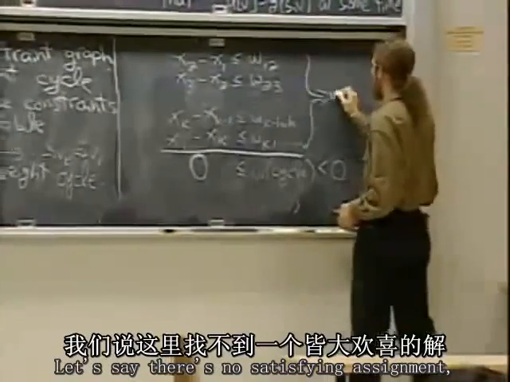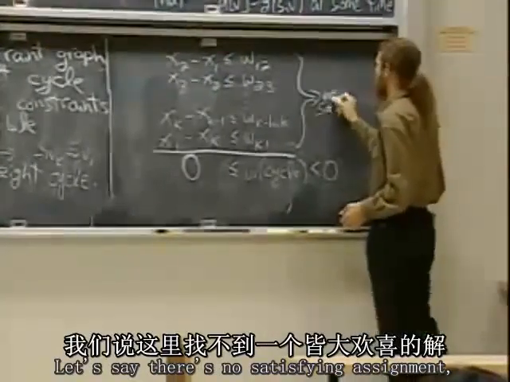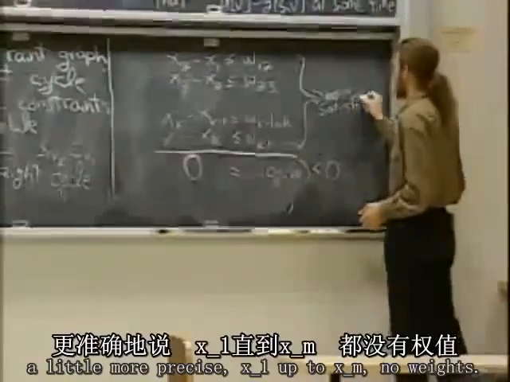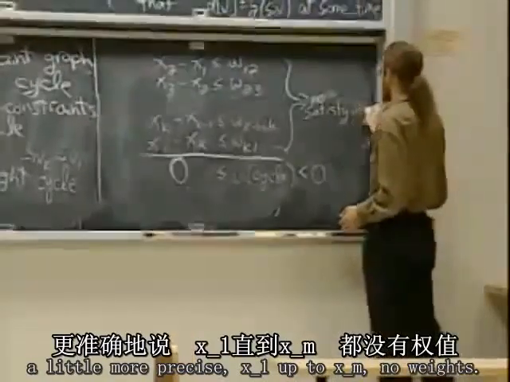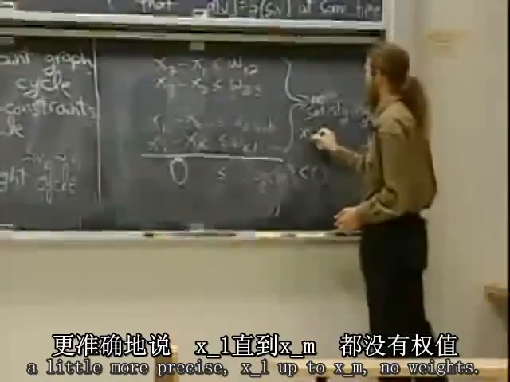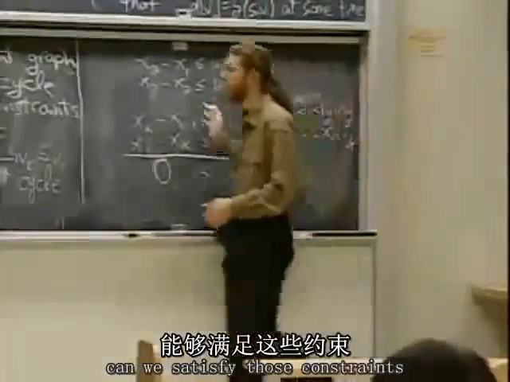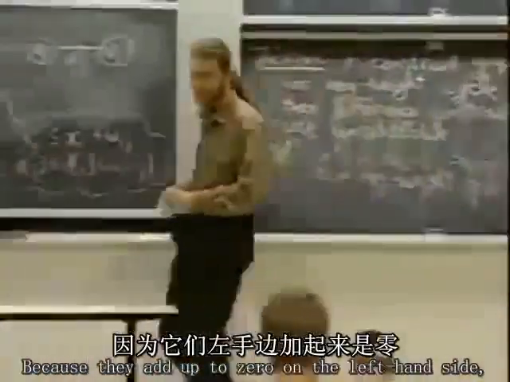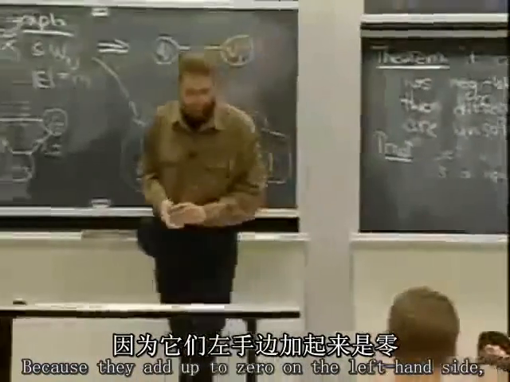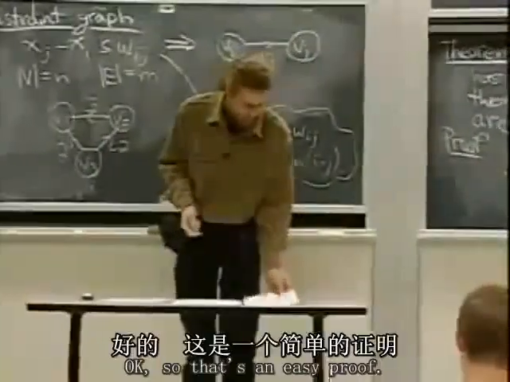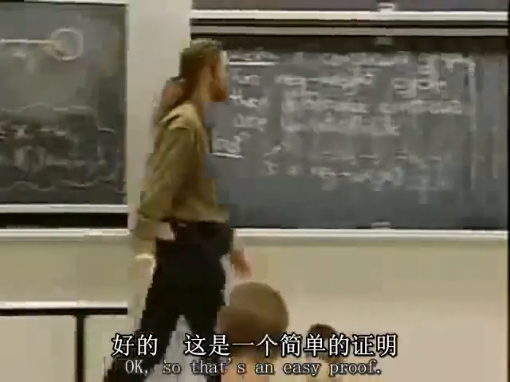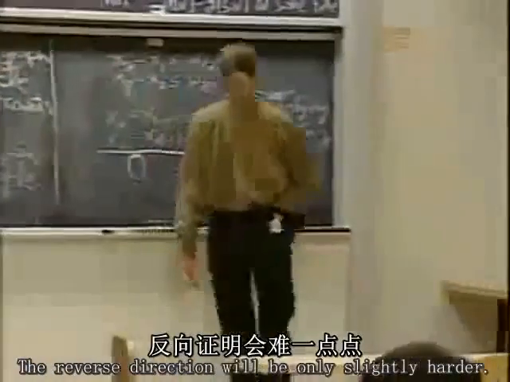Let's say there's no satisfying assignment. Be a little more precise: x1 up to xm. No way can we satisfy those constraints, because they add up to 0 on the left-hand side and negative on the right-hand side. Okay, so that's an easy proof. The reverse direction will be only slightly harder.